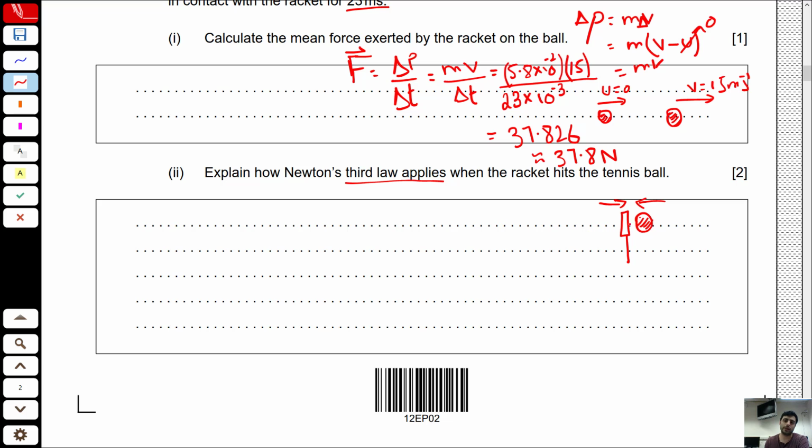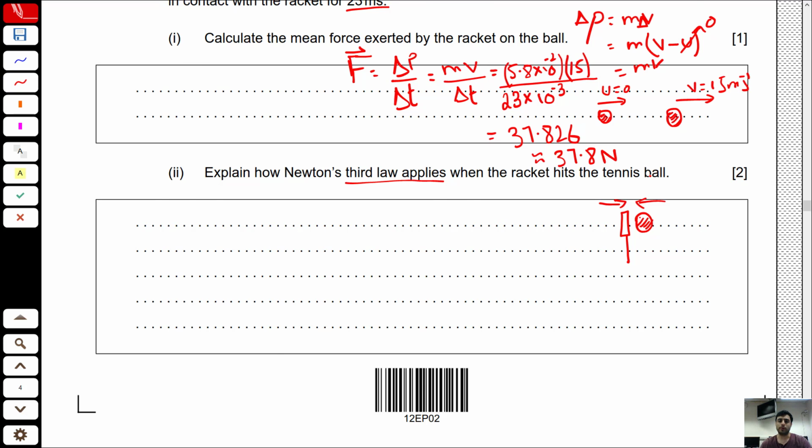So you can just explain that if the racket exerts a force on a ball, then the ball will also exert an equal but opposite force on the racket. So just make sure that you include these two important points, that the magnitudes of the two forces that the racket and the ball exert on each other are the same and they are in the opposite direction.